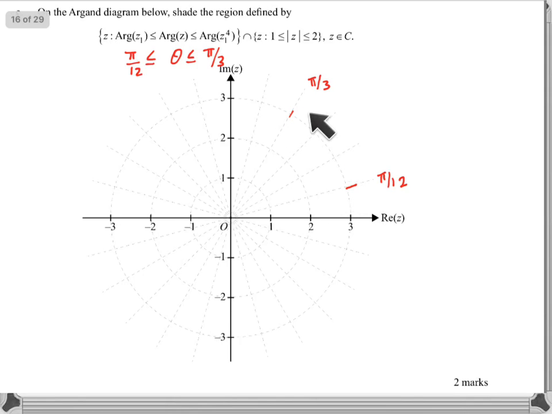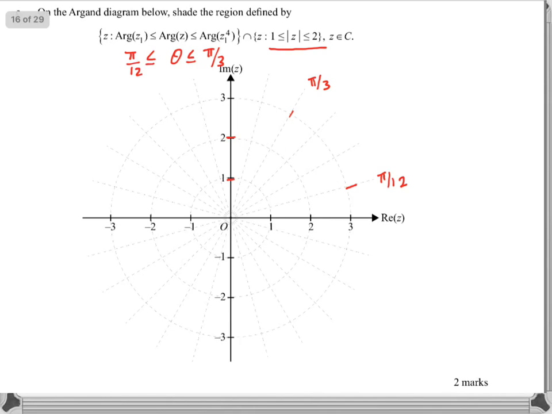So we've got a range of angles first, going from pi on 12 up to pi on 3. Now the next bit looks at a radius, which is the modulus or magnitude of z, from 1 to 2. So z equals 1 is this circle. z equals 2 is that circle.